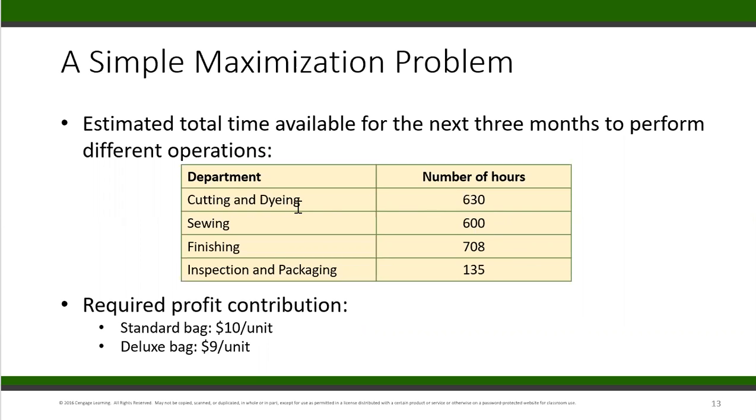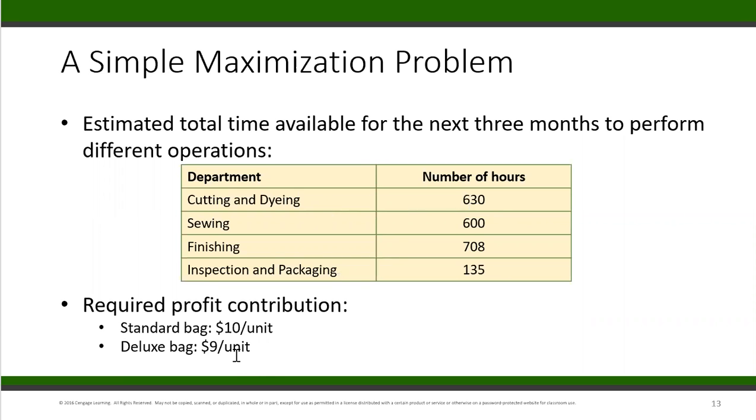And it's up to you to decide how to allocate this time between standard and deluxe bags, right? So you have the per bag time that you need from cutting and dyeing for each one of those standard and deluxe bags. Now it's up to you to decide how to allocate this time.